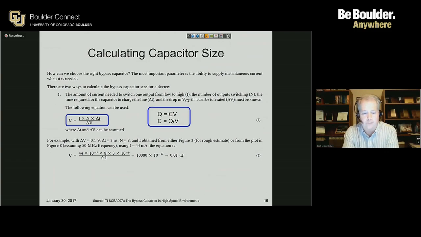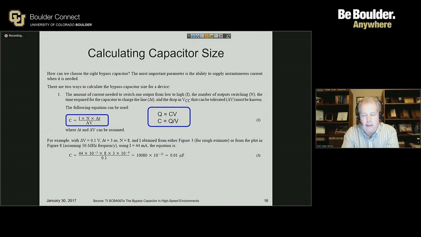And how do you know that? Well, this slide shows you one of those ways. This example shows that if you know the maximum current being drawn from your load, you can start to calculate the capacitance required from your decoupling capacitor.